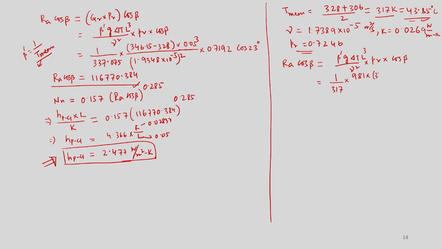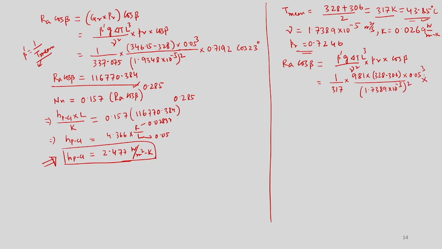And we will have nu square. L is the distance between these two plates, 0.05 cube, and here nu square is 1.7389 into 10 to the power of minus 5, squared, and multiplied by Prandtl number.